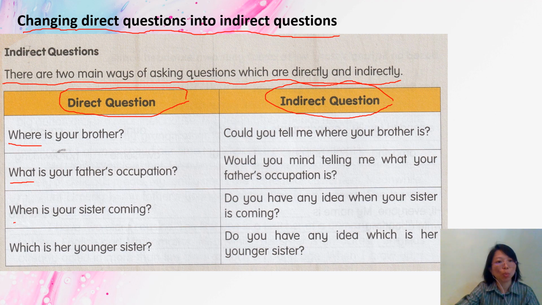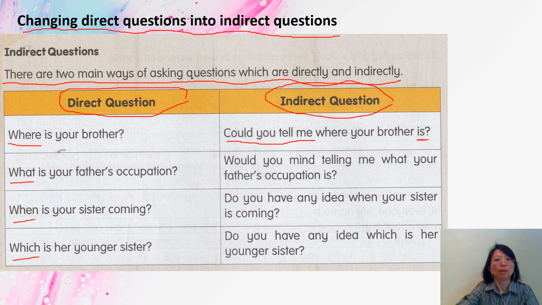Or you can use when is your sister coming? Or you use which is her younger sister. Now, when you change the direct question into indirect question, for the first example, you can use could you tell me where your brother is? The is is the last word in the question.